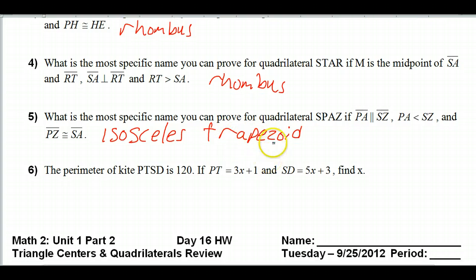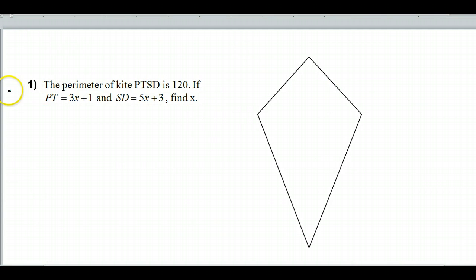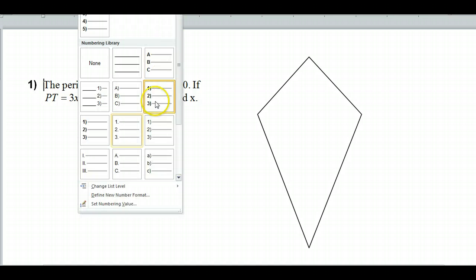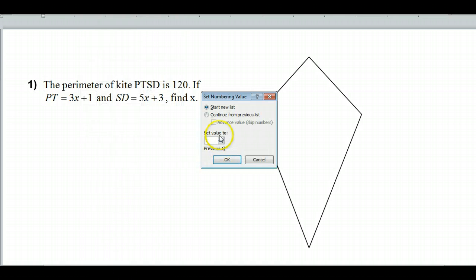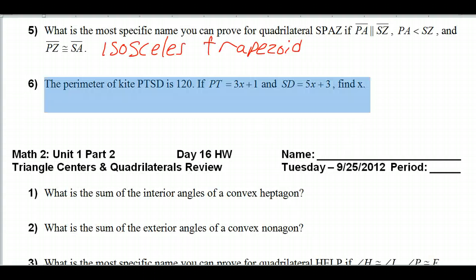Okay, and last but not least, number 6. The perimeter of a kite, I think this is supposed to be number 6. Quick check, yeah.